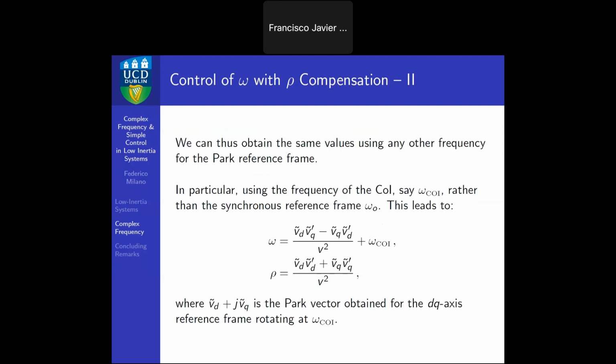So I can write it in this way, assuming that I know this omega coil, then this would be the deviation with respect to the omega coil. Now, I won't be able to estimate it locally because I don't know omega coil, but I know omega and I know rho. And rho is going to be anyway rho independently from what is the omega that we use for the transform. So substantially, the conclusion is the following.